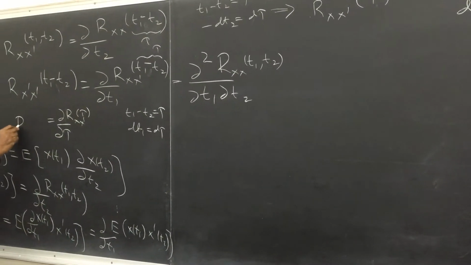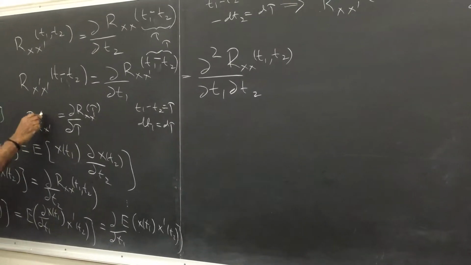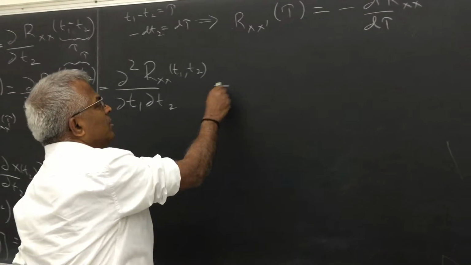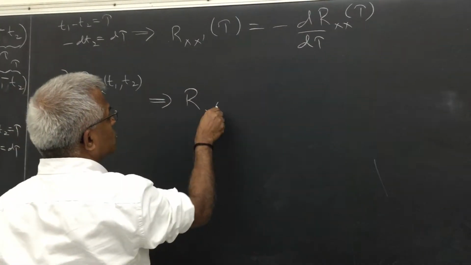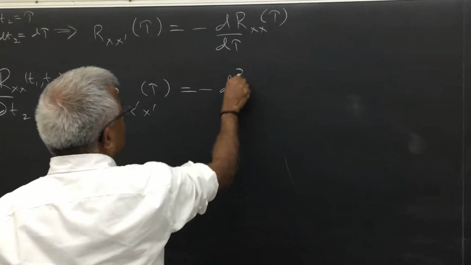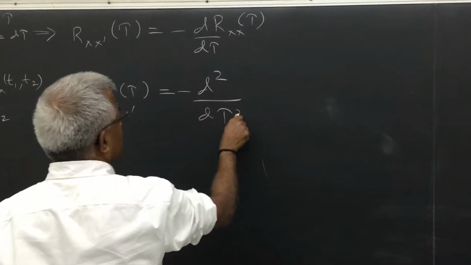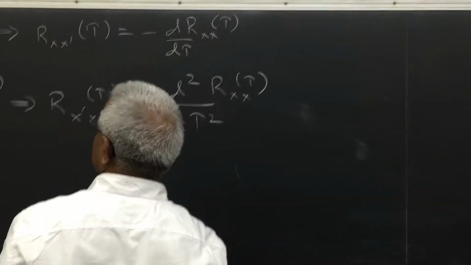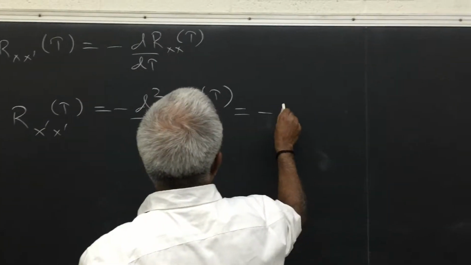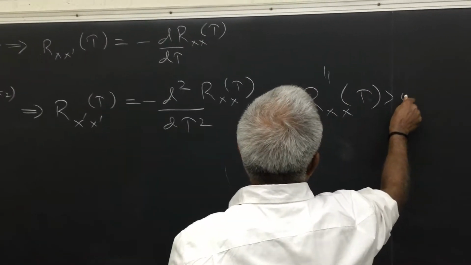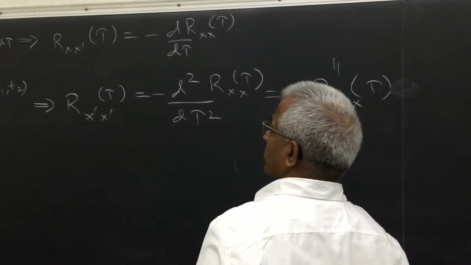So this is also wide-sense stationary. If I put it together, this reads R_x'x'(tau) is minus the second derivative of R_xx(tau). So you can write this symbolically in this fashion. And this is a non-negative definite function.